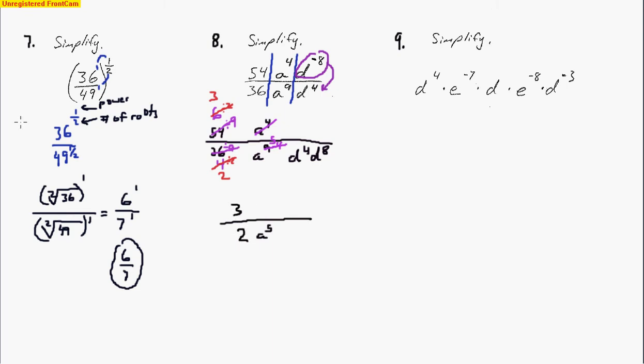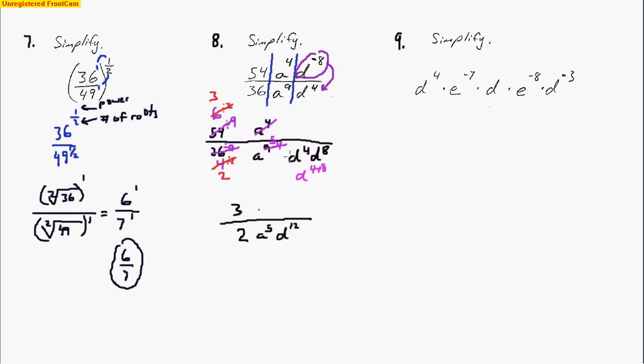Now let's deal with the d's. So going back to this, we have 4 d's here and 8 d's. Well, that just means you're going to add up those exponents. So we're doing basically d to the 4th plus 8 is what we've got there, and that gives me 12. So that's why I have d to the 12th, but notice it's not on top. I was just about to write it there, but that would have been wrong.